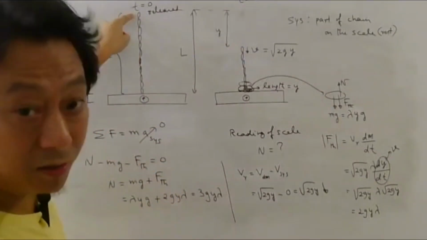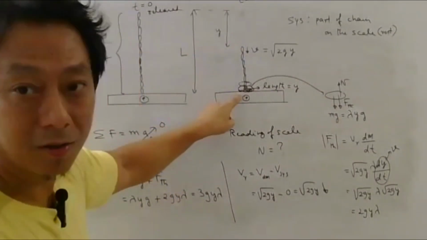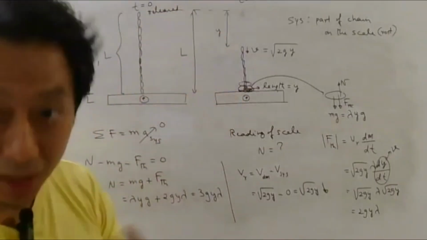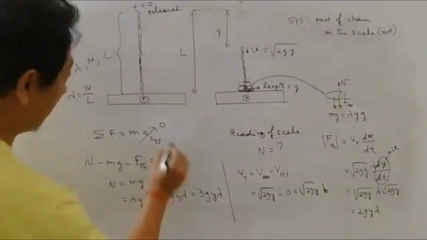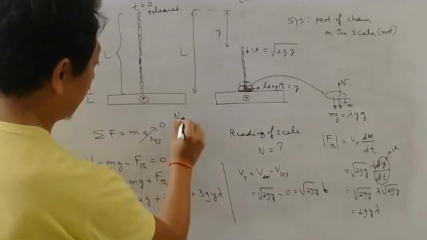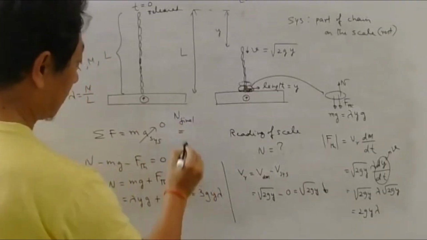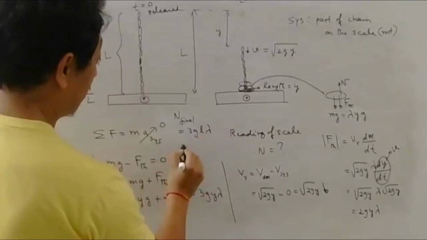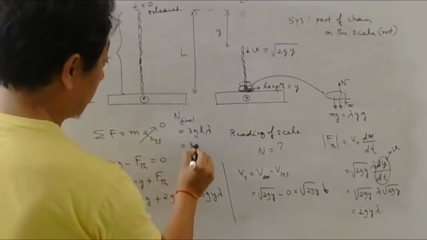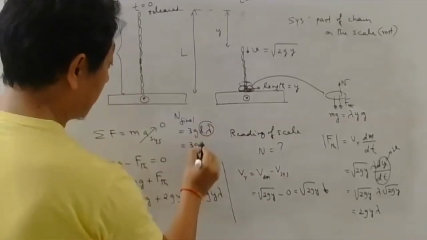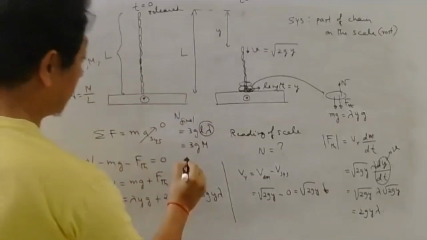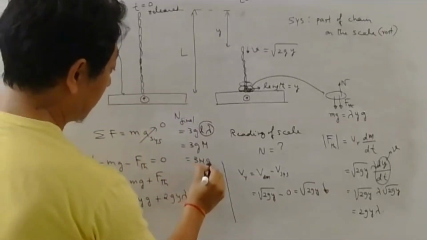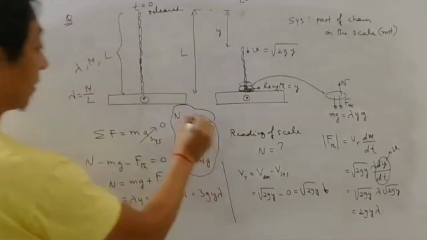So the total distance covered will be L. At that time the final reading for N will be 3g L into lambda. L into lambda is the mass of the whole wire, so it equals 3 mg, which is very interesting.